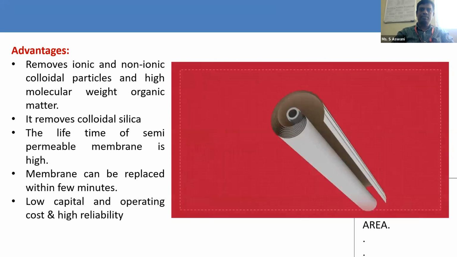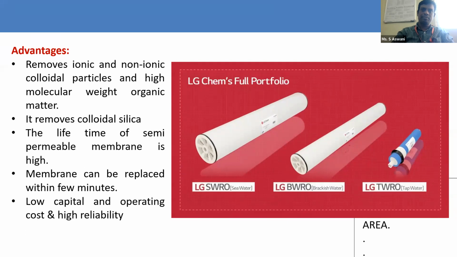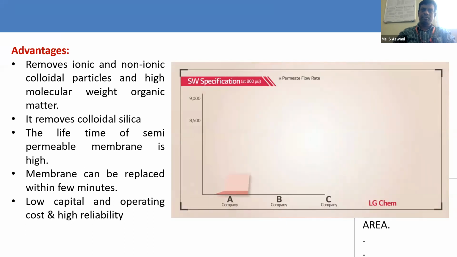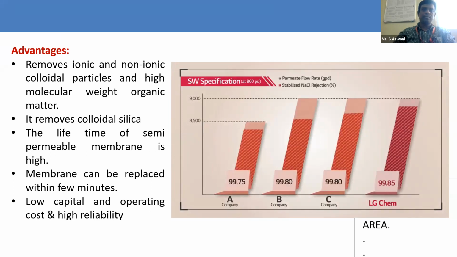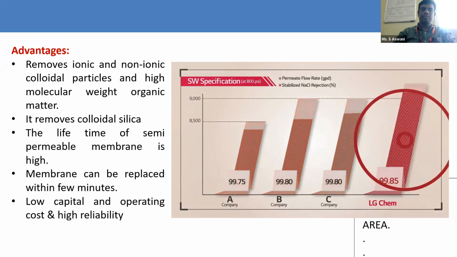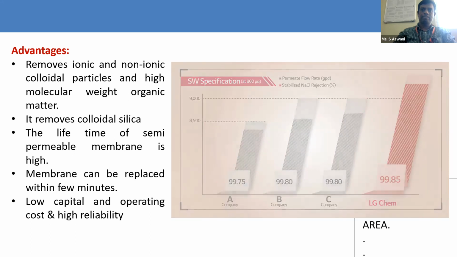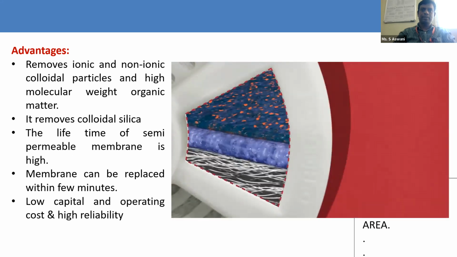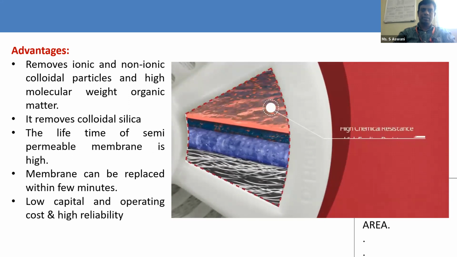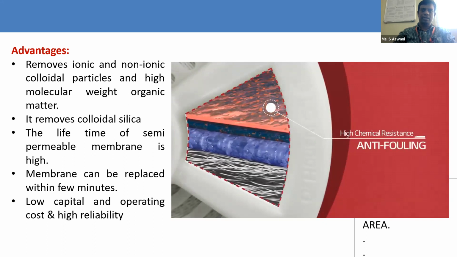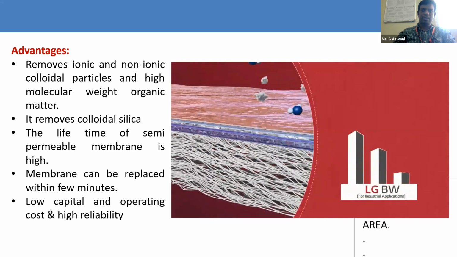This is what the products are, which has LG Chem's nanoparticle technology applied. LG Chem leads the industry with its high rejection seawater and brackish water RO membranes, including anti-fouling, which deliver up to 99.85% salt rejection. For durability and performance in high fouling applications, LG Chem also offers a line of high flux and high rejection anti-fouling brackish water RO membranes, which feature its unique nanocomposite technology.